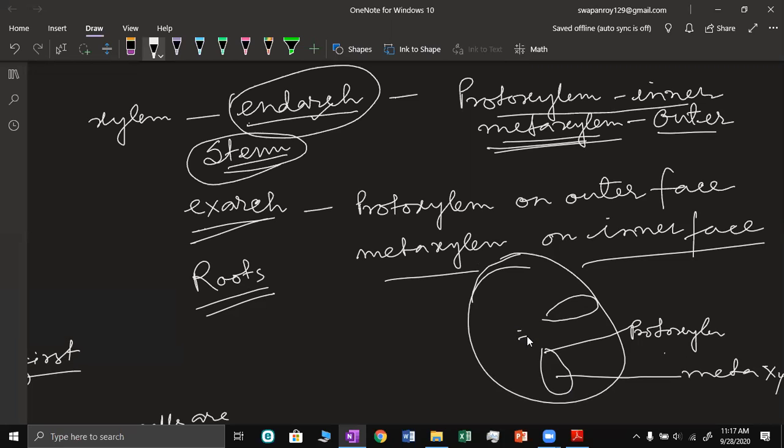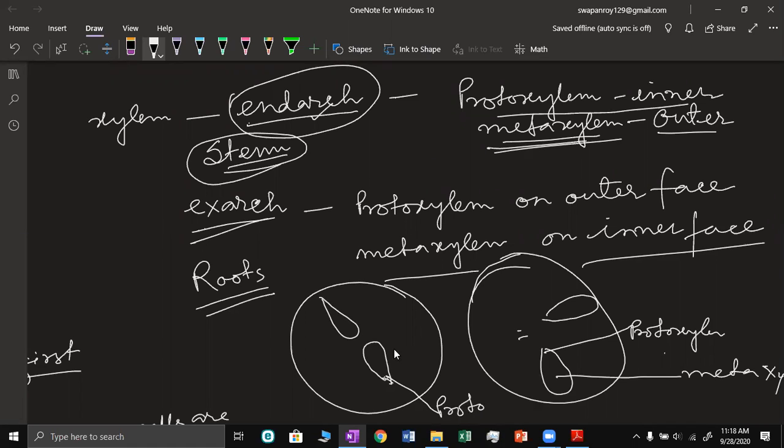This is the endarch type, found in the stem. In the case of the root, the arrangement is just the reverse: this is protoxylem and this is metaxylem. So this condition is exarch, characteristic of the root.